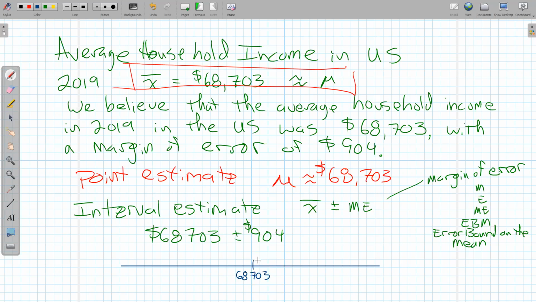But then I think I'm either off by $904 that way, and my calculator said that was 69,607. Or I could be off that way, minus $904. My calculator claims that was 67,799.